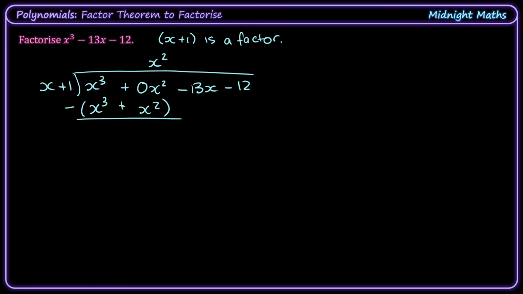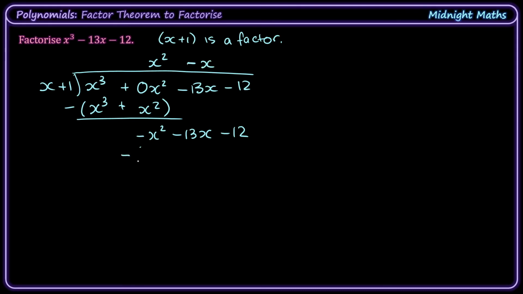Subtracting that away, we have x cubed minus x cubed, that's just 0. And then 0x squared minus x squared is minus x squared. Bringing down the other numbers, and we can repeat. What is x multiplied by to get to negative x squared? That's just minus x.